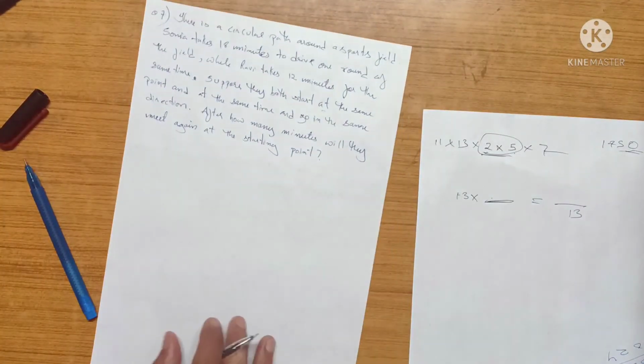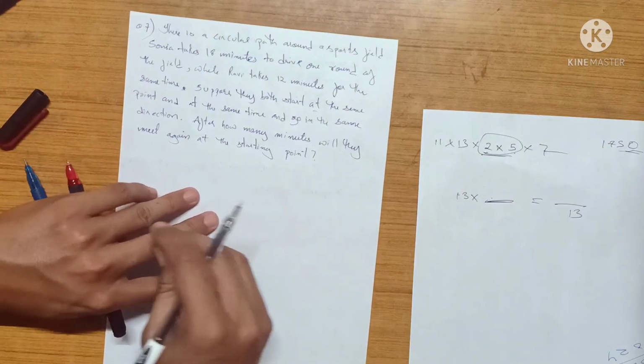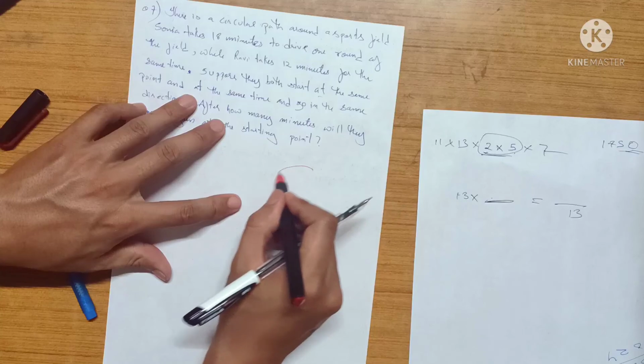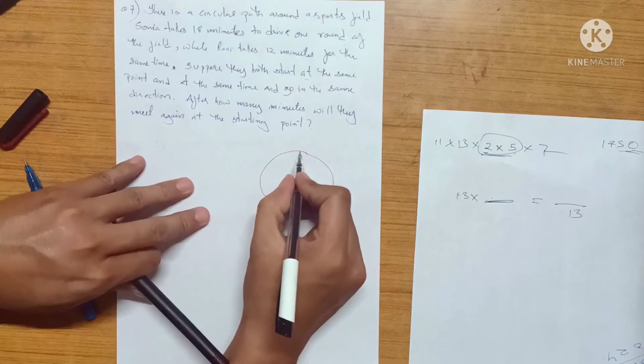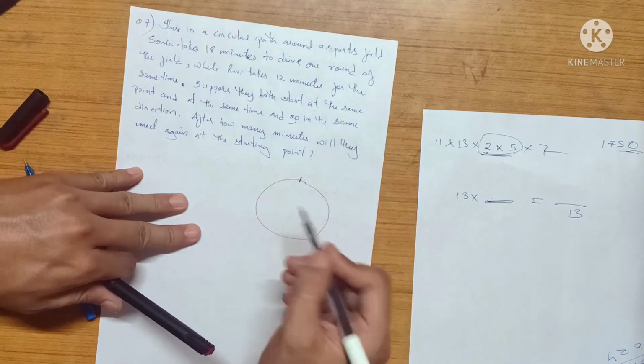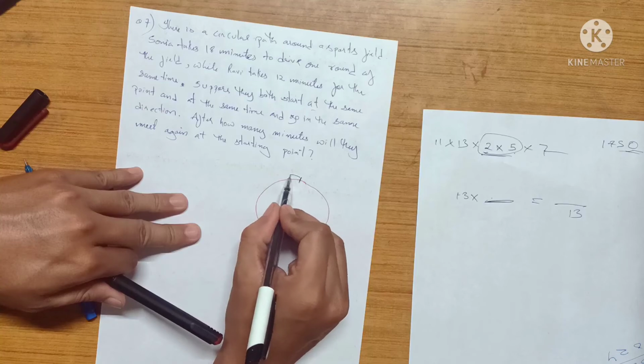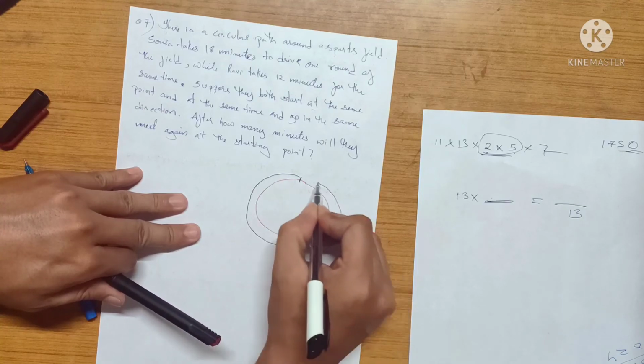There is a circular path around a sports field. Sonia takes 18 minutes to drive 1 round of the field while Ravi takes 12 minutes. So let's assume there's a sports ground, and suppose they both start at the same time from the same spot.